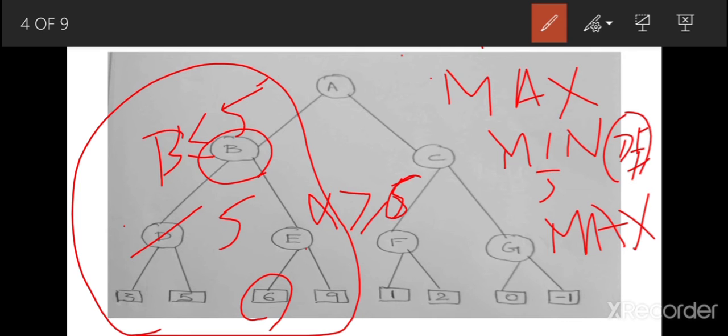If it is less than 6, then there is a chance that node E will only take that 6 value.